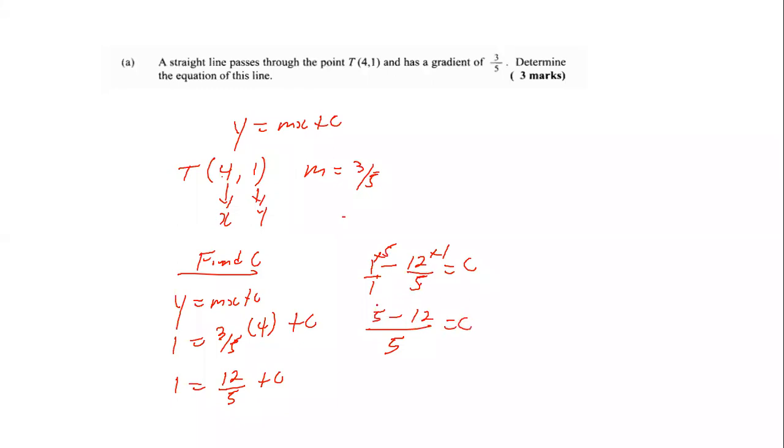Now when you work it out, 5 minus 12, what do I get? -7. So -7 over 5 is equal to c. Now, when you finish, you put m and c in the equation.